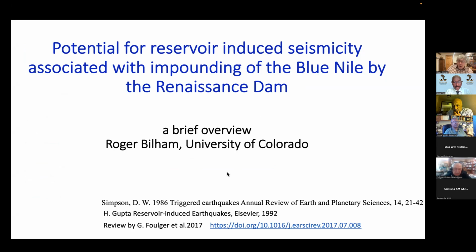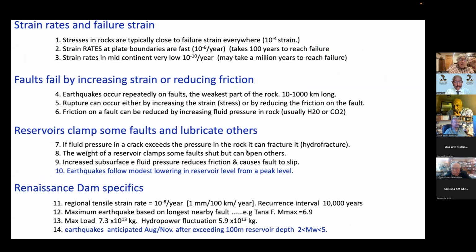Oh, good. Excellent. Okay, so this first slide looks like a lot of words. Just look at the blue things. I'm going to look at 4 topics sequentially, and the details I'll explain as we get there. But the first is some understanding of strain rates in a plate tectonic regime on our planet, and then zooming into understanding why faults fracture or fail, because they're all fractures already existing.